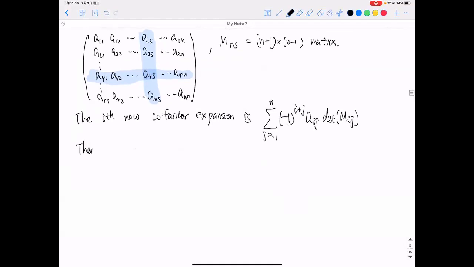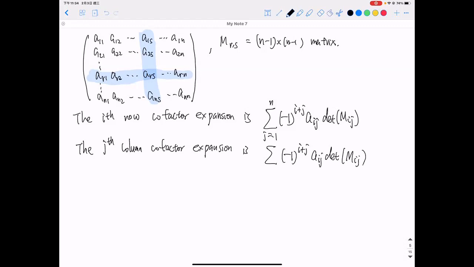And similarly, you can define the expansion along the columns. The jth column cofactor expansion is, again, a similar expression, (-1) raised to the power of i plus j, Aij, determinant of Mij. Now j is fixed because we are moving along the jth column, so let i run from 1 to n.